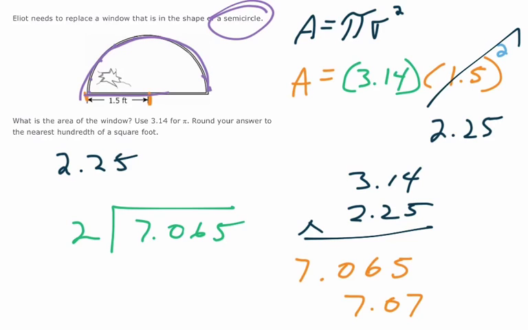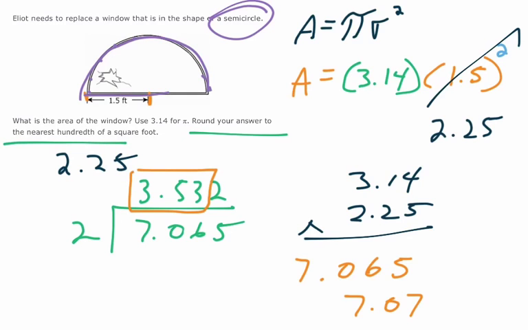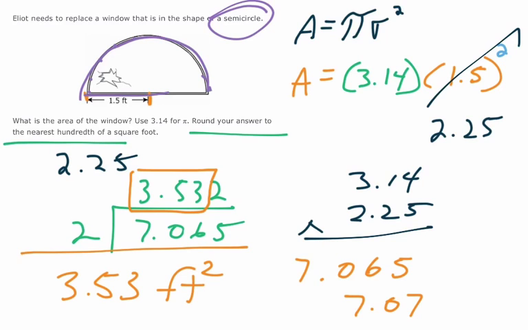When you divide by 2, it's kind of a long answer, 3.532. But it says round your answer to the nearest hundredth, and basically 3.53. Hundredth is the second decimal place, so 3.53 feet squared is going to be the best answer for the area of that semicircle, making sure you solve for a half circle there.